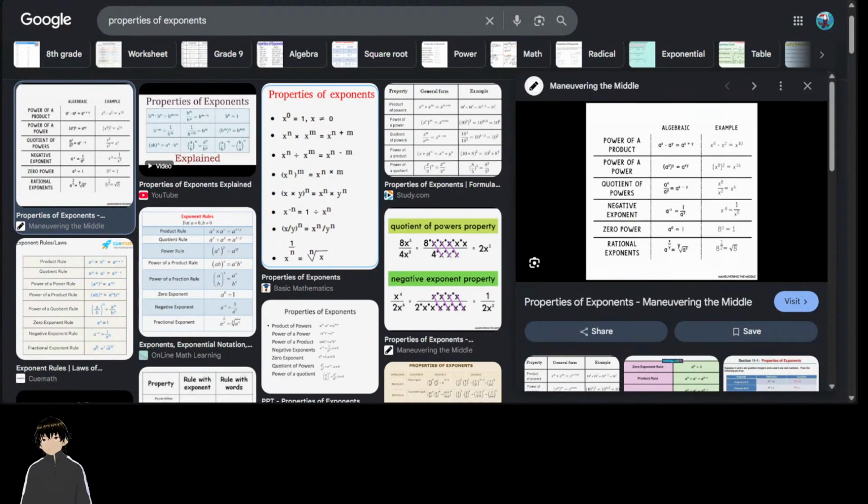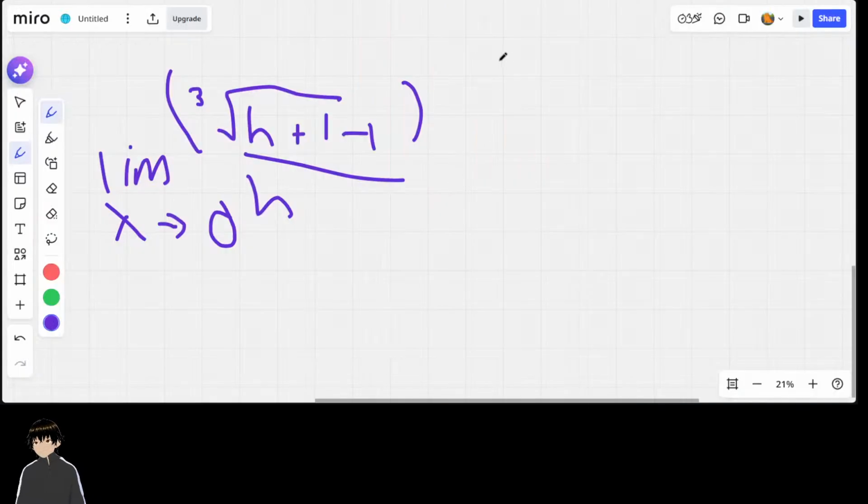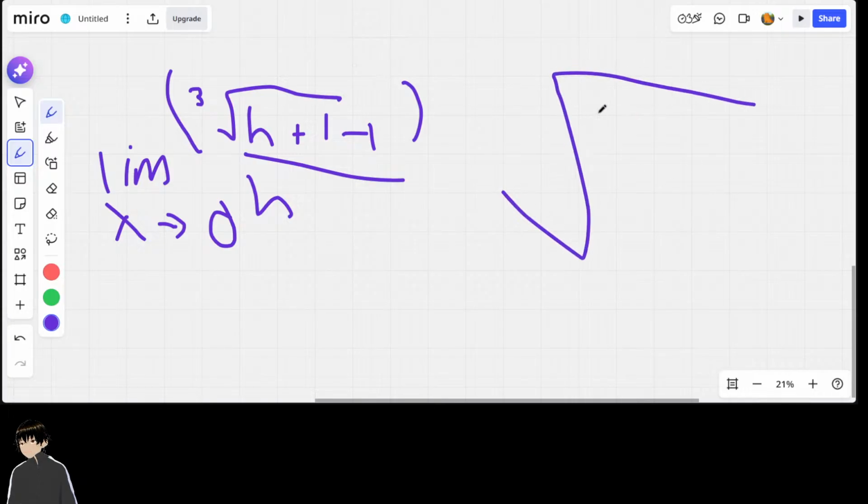So that's h over one cube, I guess. No, that's not gonna work. I don't know how to solve this, but the limit theorems when it comes to cube roots, I think it's something like this. But then I have to expand it.